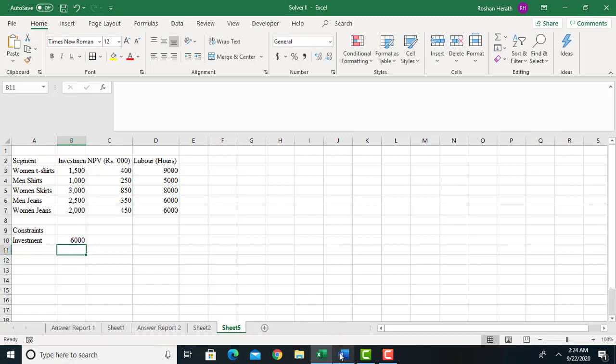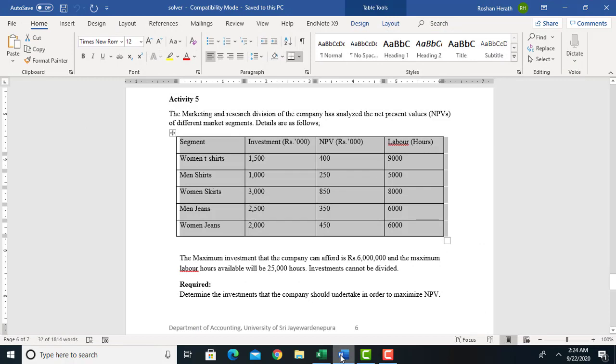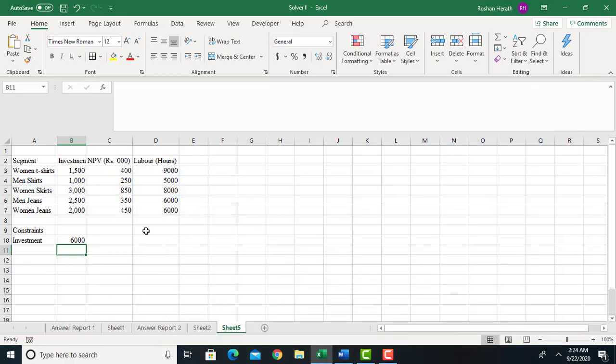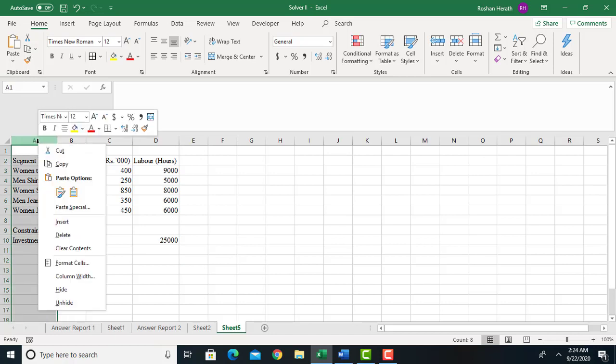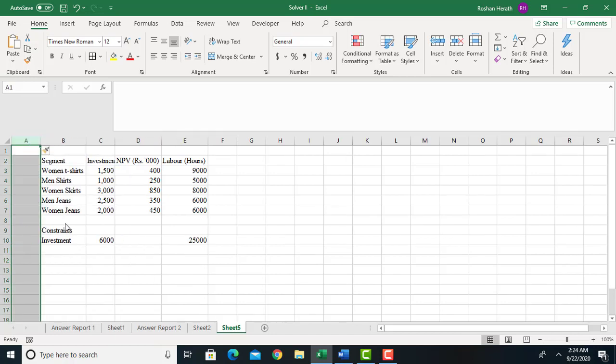And the labor hours are 25,000. Then again the acceptance and rejection must be identified, because it is the same structure.